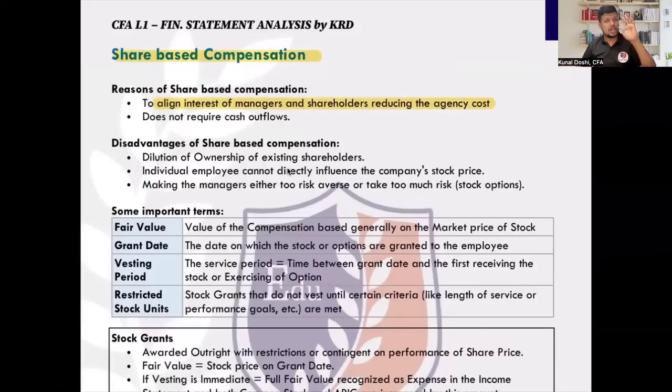Agency cost means the cost of keeping an eye on the managers. They will also work for the betterment of the company because their compensation is tied to the share. Also, share-based compensation is done to avoid cash outflow. When you give shares to your employees, you don't have to give cash. This is one of the biggest reasons for share-based compensation.